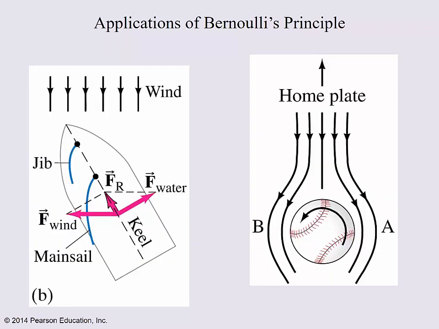On the left here, we have a sailboat. The sailboat can move against the wind by using pressure differences on each side of the sail and using the keel, the center piece that goes underneath the water, to keep from going sideways. So you have wind coming down, wind being air, so that's your fluid.